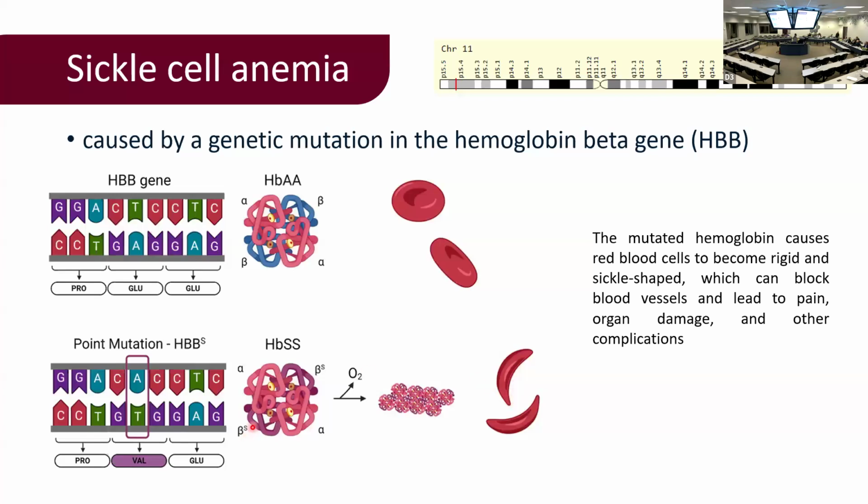It creates this valine, a more hydrophobic amino acid, meaning it doesn't like to be surrounded by water, so it just hides and compresses that protein a little bit more, making it more rigid and not able to function properly.